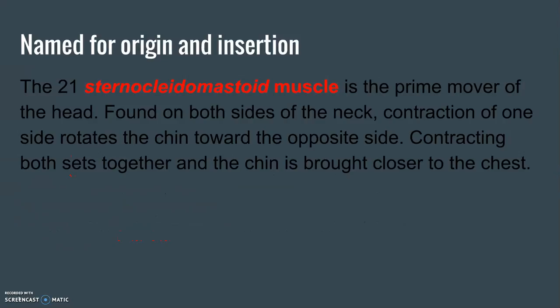So the sternocleidomastoid muscle is the prime mover of the head. It's found on both sides of the neck, and contraction of one side will rotate your chin toward the opposite side. Contraction of both sets together, and that brings your chin down closer to your chest.